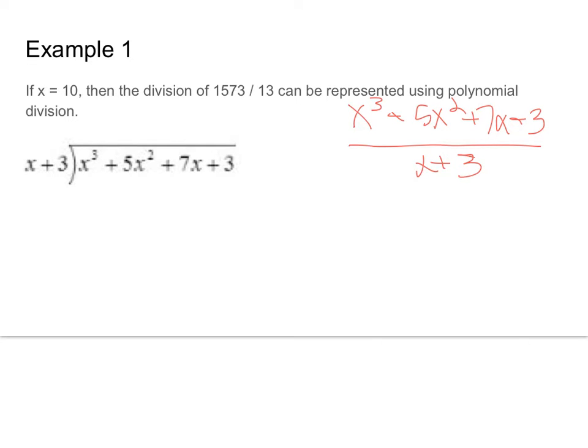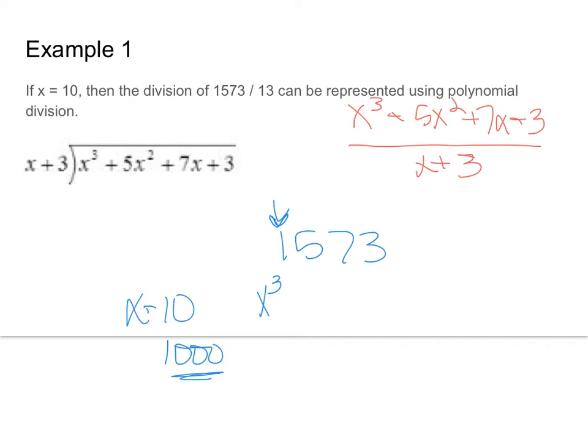Okay, this just means, if you look at the factors here, each place value in a number such as 1,573 just represents place value. So if x equals 10, x cubed is 1,000, with 3 zeros. 5x squared represents 500. 7x represents 70.